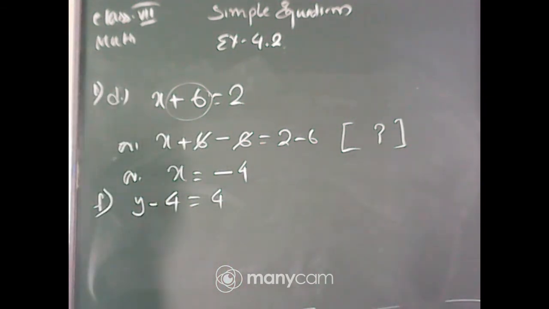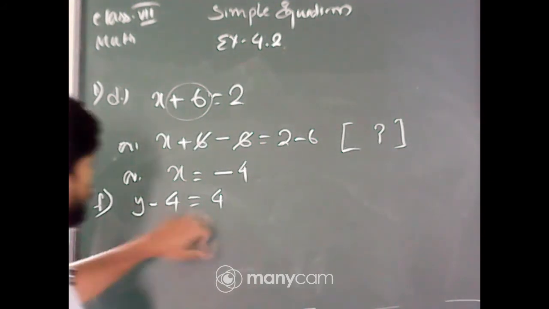Now tell me what we have to do to remove minus 4 from the left hand side. So y minus 4 is equal to 4.